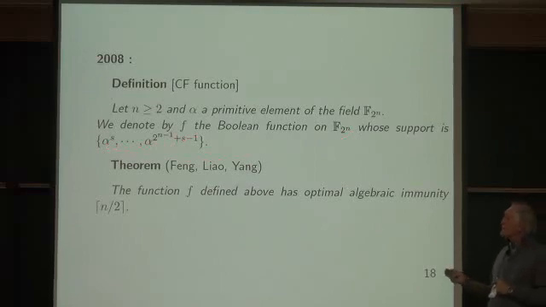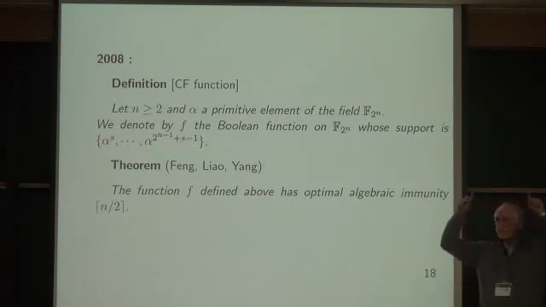And the number of these powers is chosen so that the function is balanced. Okay, so the length of this string is 2 to the n minus 1. It's half of them. You have the non-zero elements in the field which are in a circle. You can see them in a circle, and you take half of the circle for the support of the function.